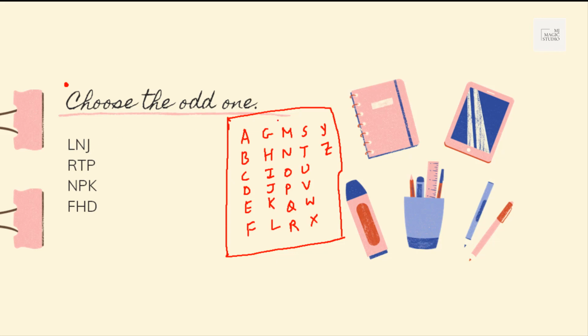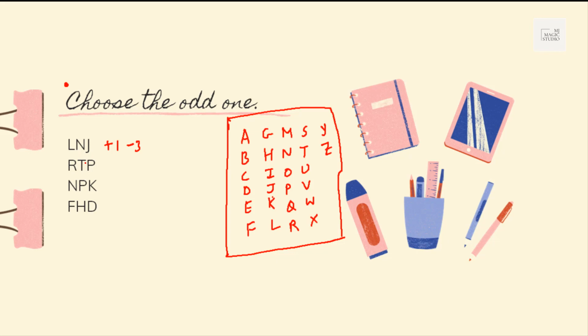L, N will come when I add 1, and then N, J: J will come 1, 2, 3. So N, it is 1, 2, 3. I can put -3 then.